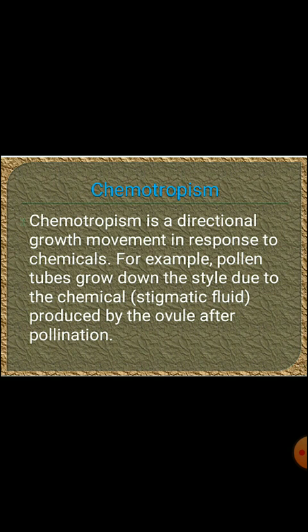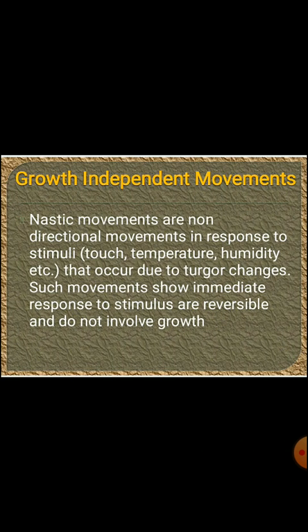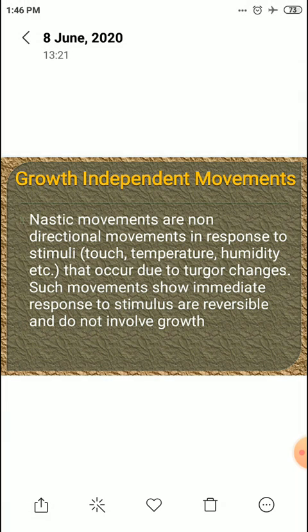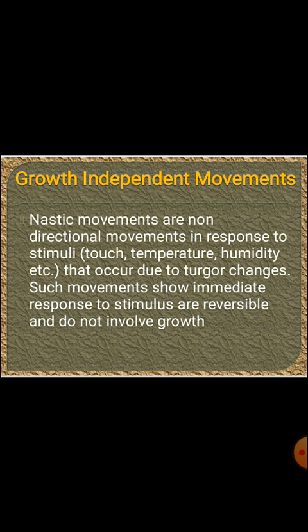Clear? Our next movements are growth independent movements. It means the last growth dependent movement was chemotropism. Let's see what is growth independent movement. As we can read, growth independent means in this type of movement there is no growth involved in the plant. These are non-directional movements in response to stimuli such as touch, temperature, humidity, etc., that occur due to turgor changes.